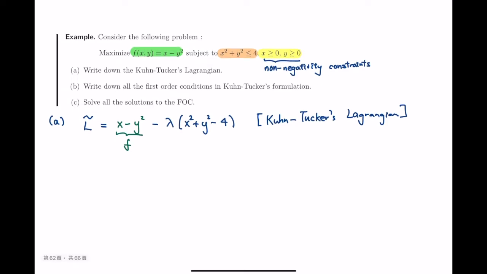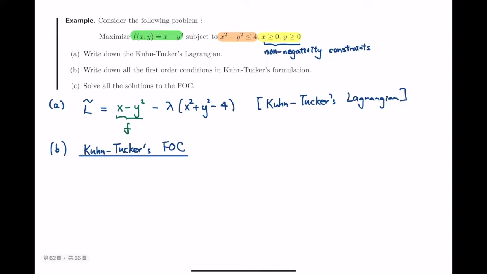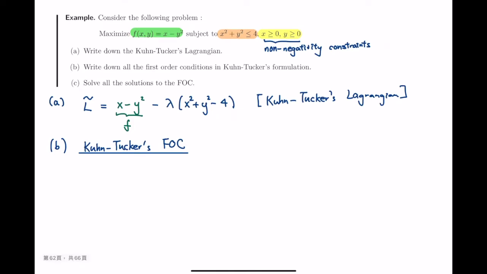Part B. Write down all the first order conditions in Kuhn-Tucker formulation. So the Kuhn-Tucker first order conditions come in, well, 4 aspects. Firstly, all the equalities come from complementary slackness. So you have x times the derivative of L tilde with respect to x, okay?